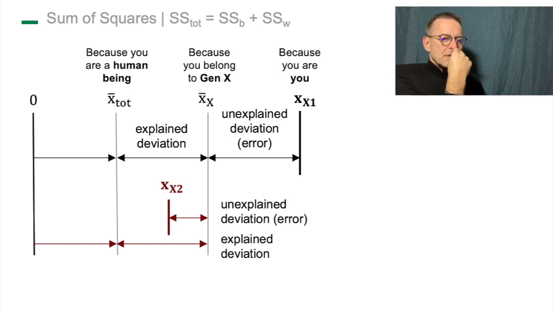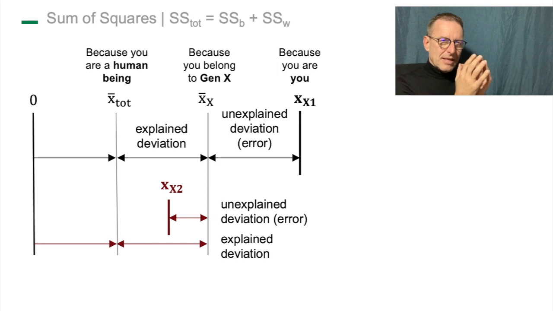Okay, so when you look at this value, what's in that value? We assume that in this value there are three components, so to speak. We can say, well, the value is determined by the fact that the person who has responded to this question is a human being, right?